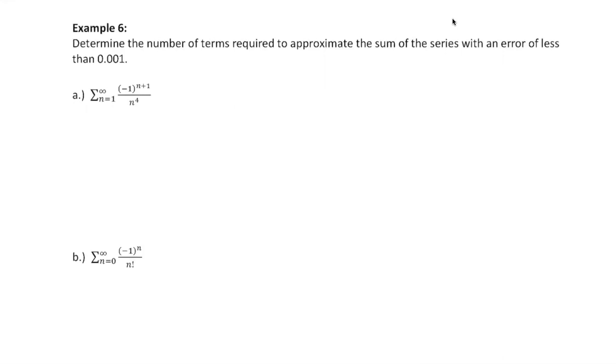If that is your school year, then you don't have these examples in your notes, but these are some good extra ones to take a peek at real quick to see if you understand this. So maybe pause the video and in the margin somewhere, see if you can determine for part A, the number of terms that you would need to approximate the sum with an error less than 0.001. And I'll come back with the answers in just a second so you can check.